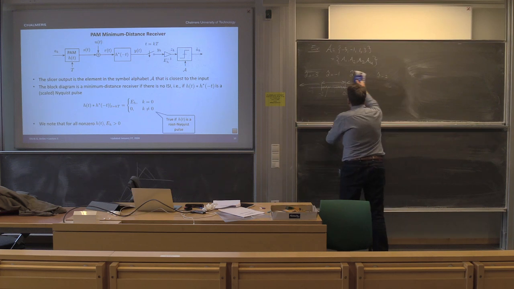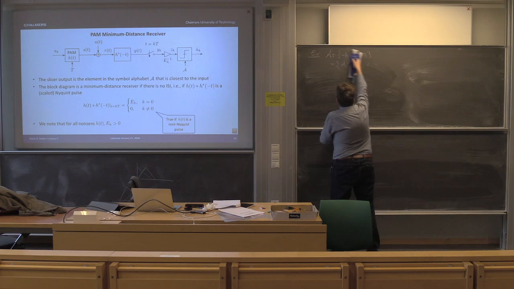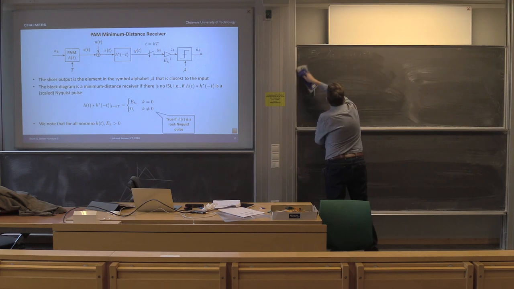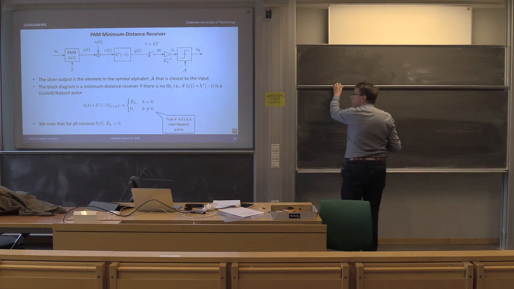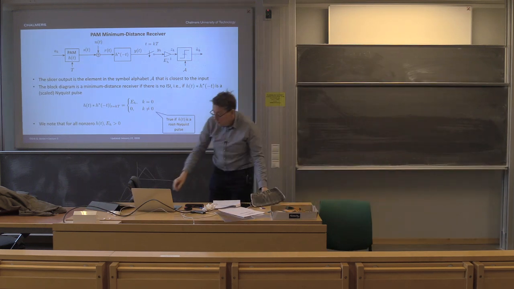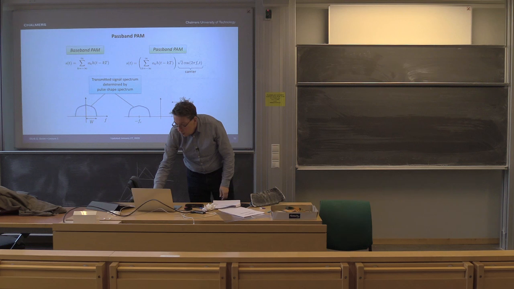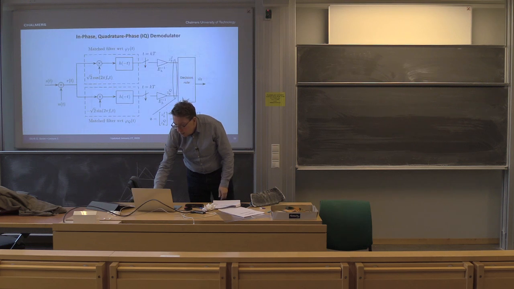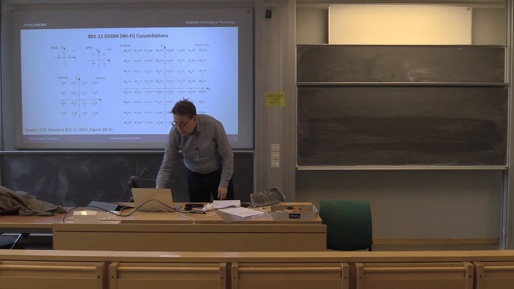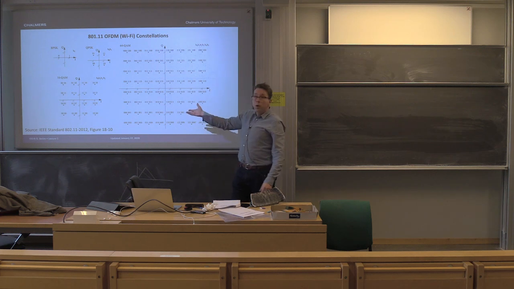And of course, we would like to ensure or pick a constellation, we would like to answer the following question: what is the error probability for these constellations?